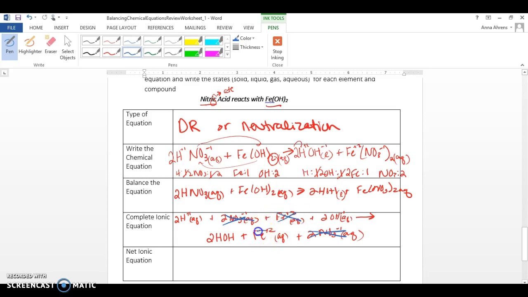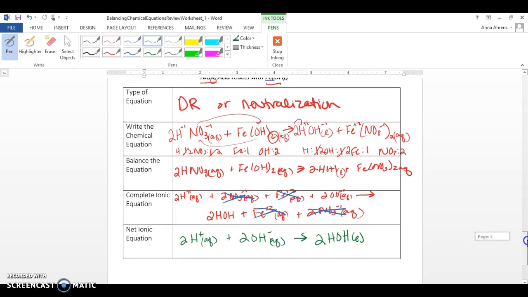Here we go. We can cancel those out. And 2 OHs. We don't have any of that. So there we go. Now we can write our net ionic. I'm going to do that one in green. So we have 2H+ aqueous plus 2OH -1 charge aqueous produce 2HOH liquid.